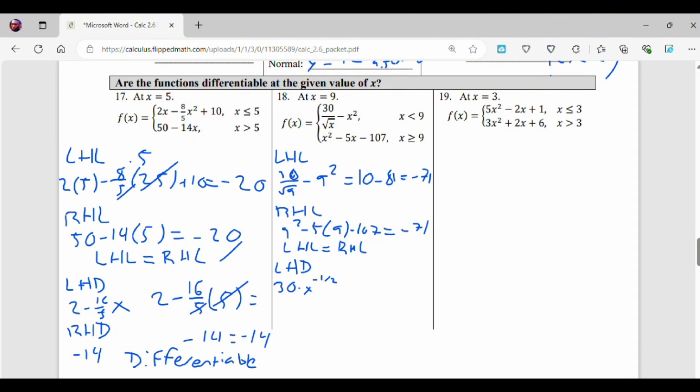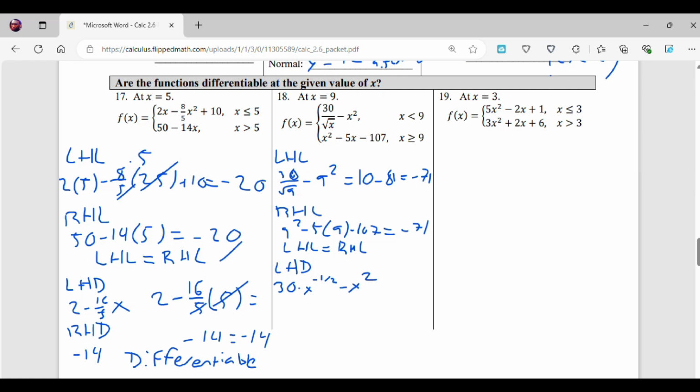Are you wondering why it's negative instead of just positive 1/2? First of all, we moved the x to the numerator, so now it has to be negative, and the 1/2 comes from the square root. Okay, and then minus x squared.